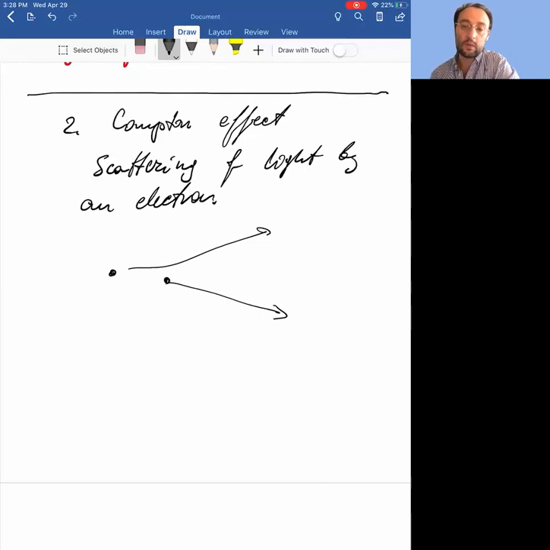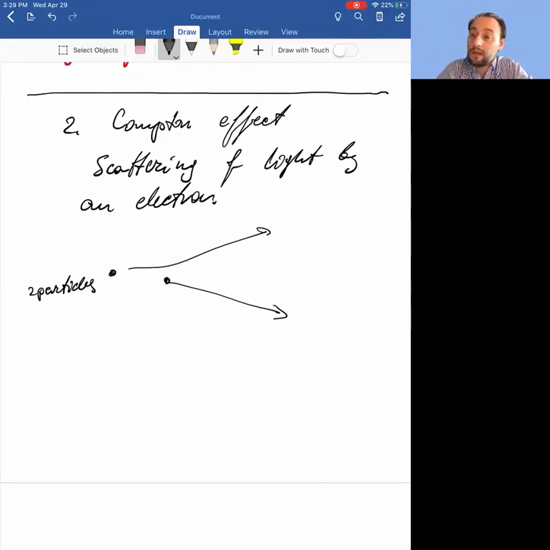So that's what you would expect with particles. This is two particles, pebble against pebble, electron against electron, whatever. Well, the point of this experiment is that it appears that light scatters off of electrons as if it were a particle, okay?